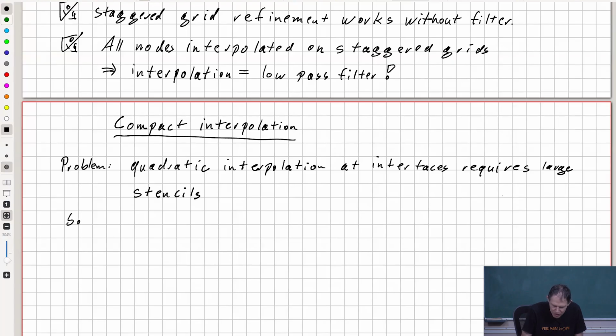So how do we get to small stencils? We reduce the stencil size by the results of our asymptotic analysis.